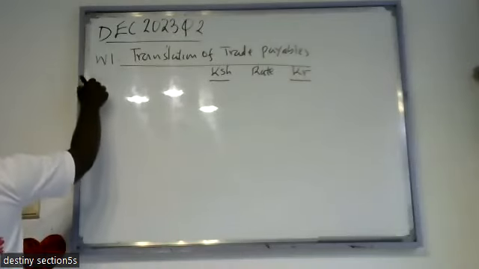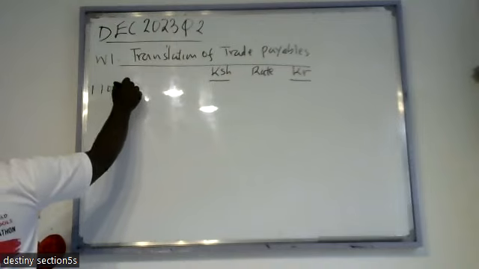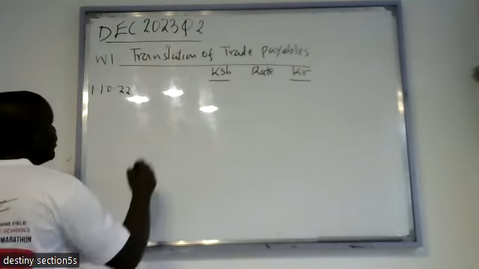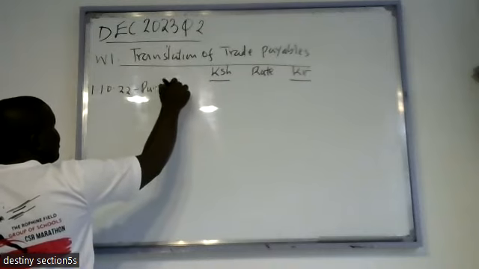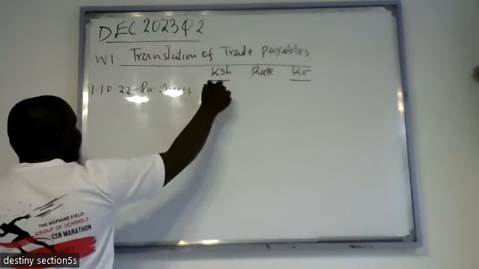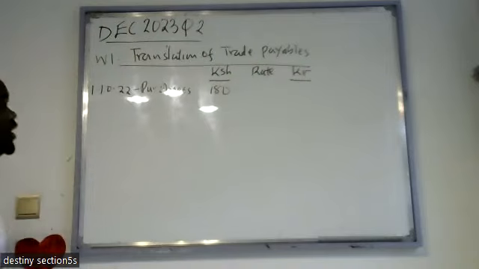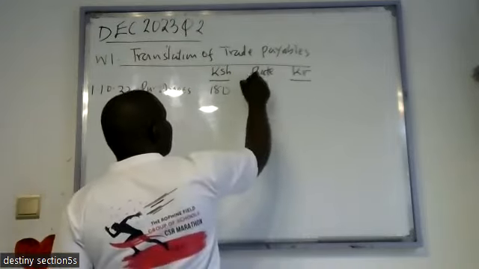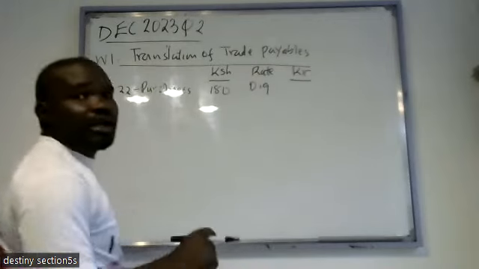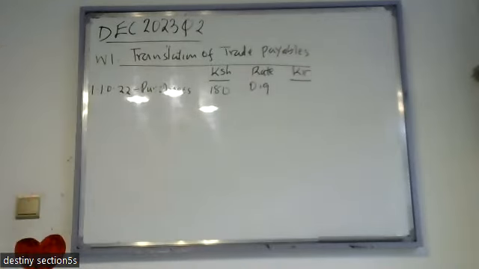So on 1st October 2022, when the goods were sold, the value of the purchases was 180. And on that date, the exchange rate was 0.9. So what is 180 when going to crowns?